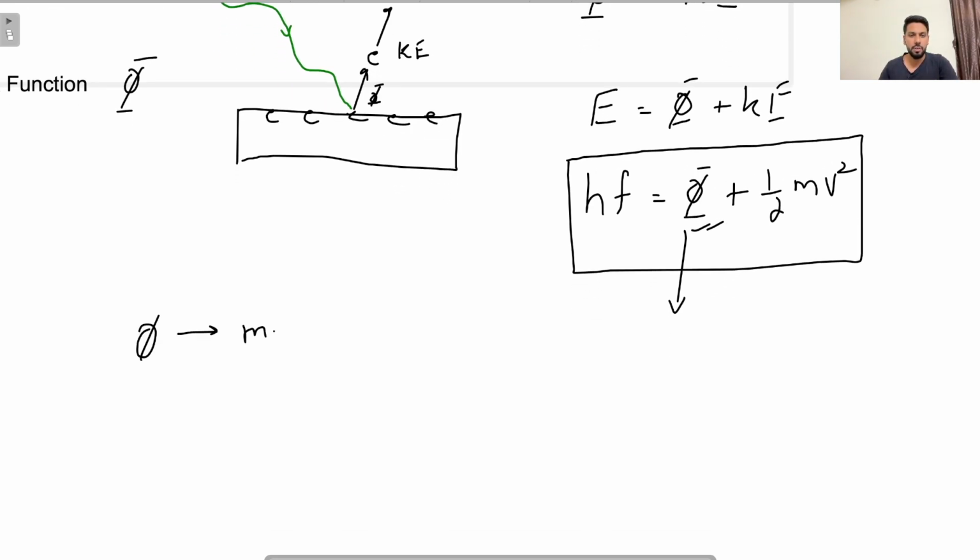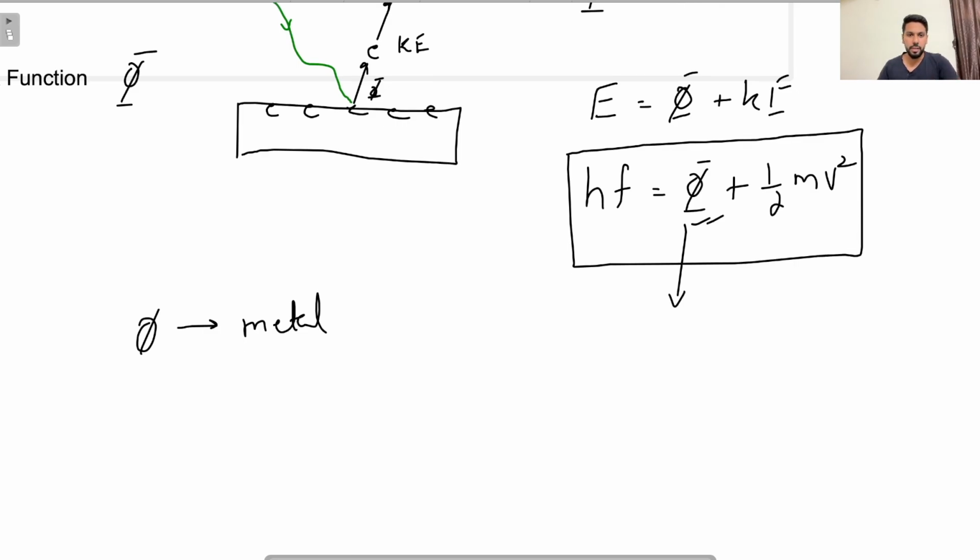It depends on what type of metal we have. So if you want to eject an electron from metal X, you need to supply the work function of metal X, then only it is going to come out. I hope it makes sense for you.